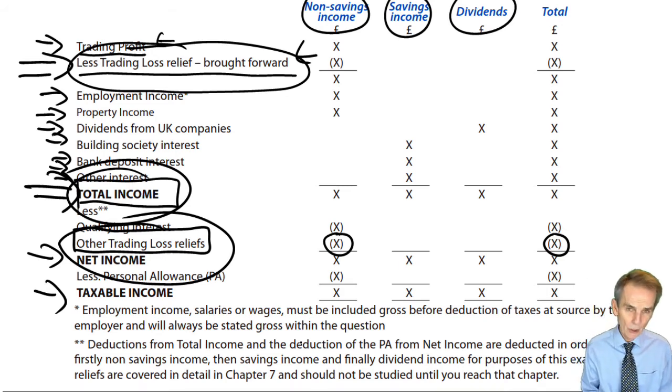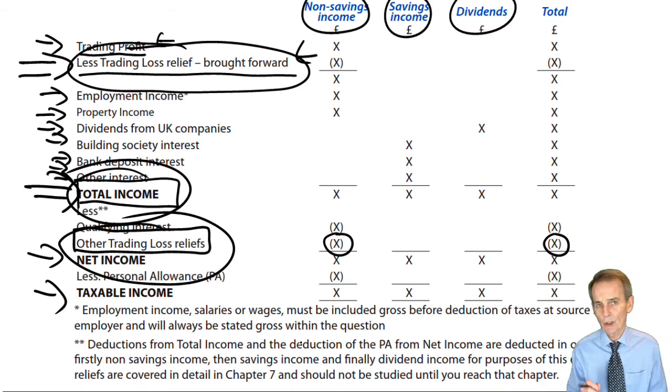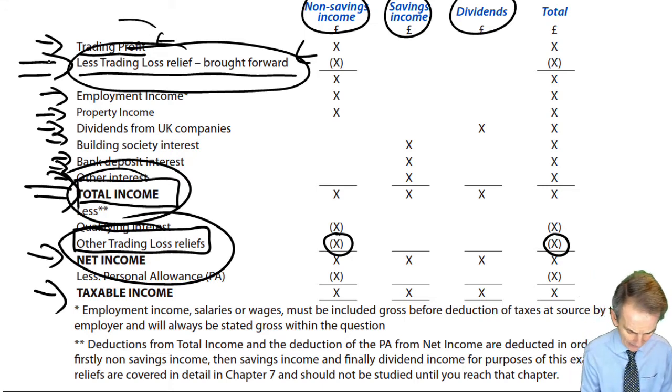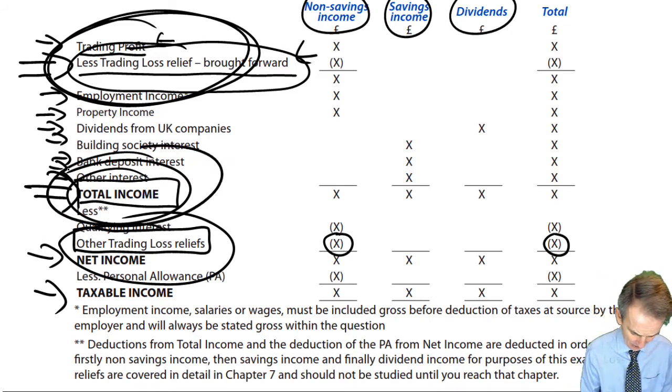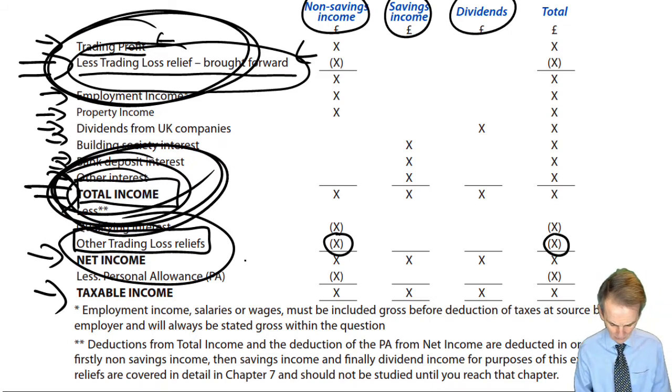So it's important for you to know where these loss reliefs will feature on an income tax computation. If the loss is being carried forward, then it will be up here against trading profit. If, on the other hand, you are using the loss in the current tax year and or the preceding year, it goes against that figure of total income.